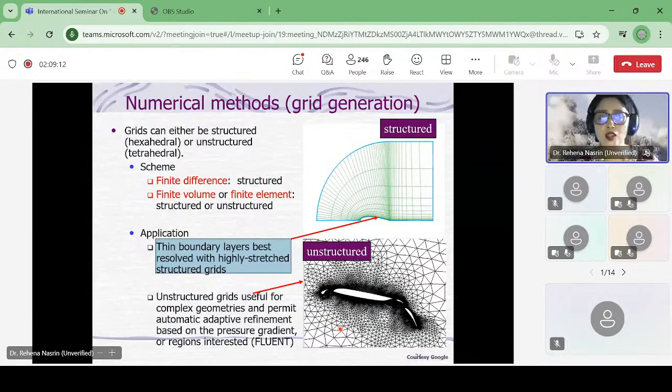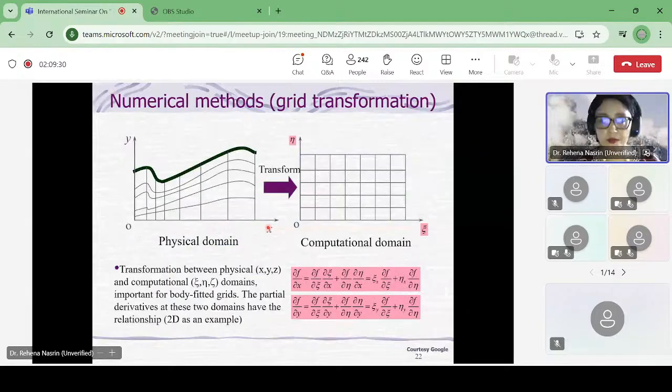So we can use Fluent software or multiphysics software for mesh generation, and grids can either be structured, like hexahedral, or unstructured, like tetrahedral shapes.